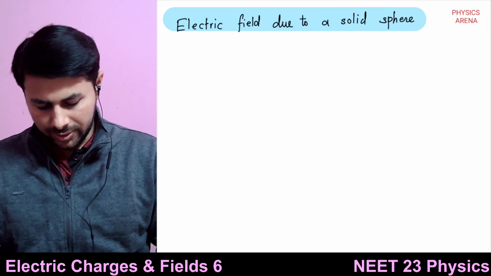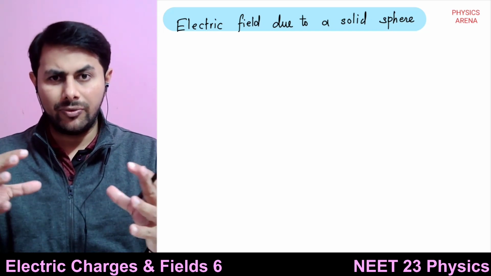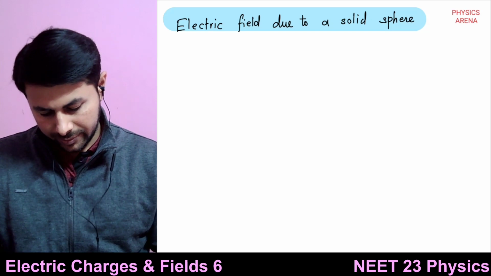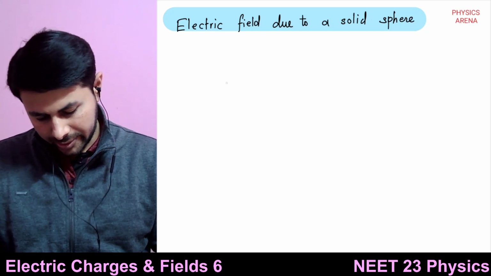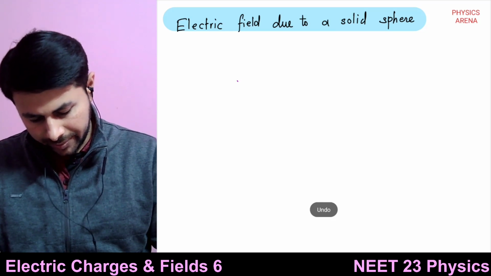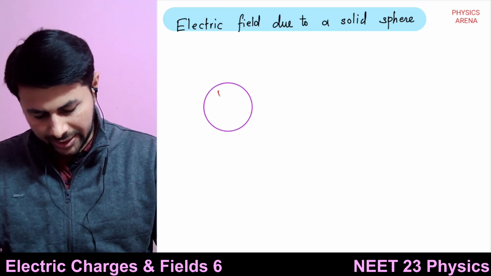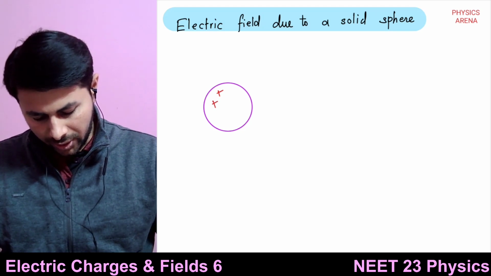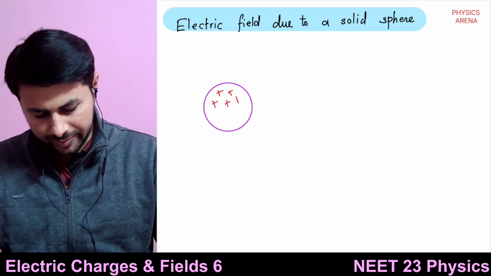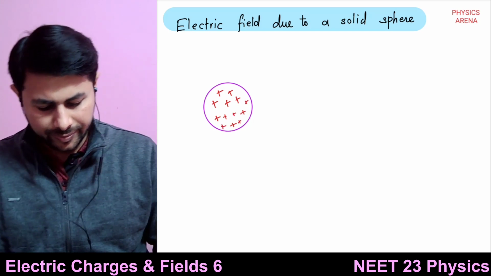So now the charge is uniformly distributed all over the volume of the sphere. So here, this is a solid sphere. And how is the charge distributed? It is all over the volume of the sphere, right?